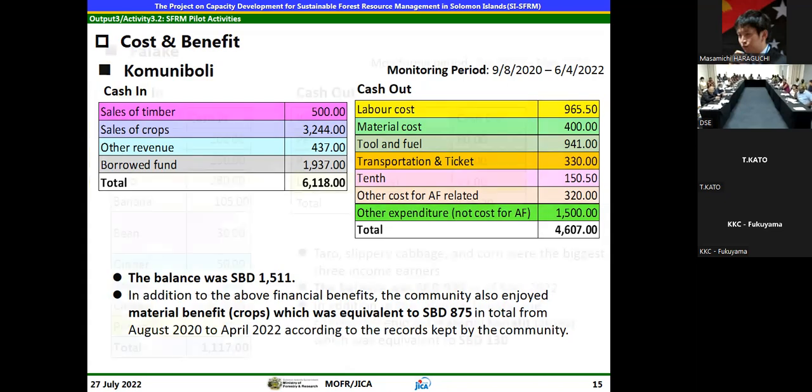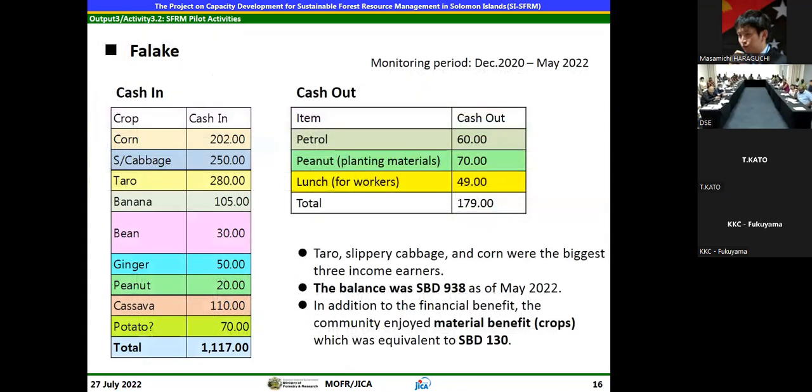Similarly in Falake, as you can see from that table, cash in, cash out, comparing, there is income earned, especially in the short-term crops. But for the long-term and medium-term crops, it is still on the way.